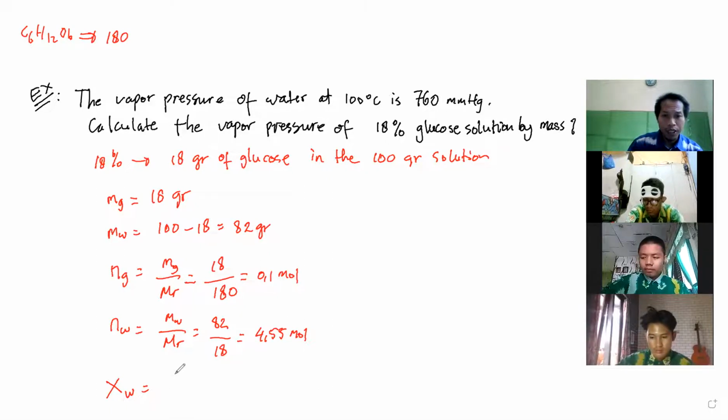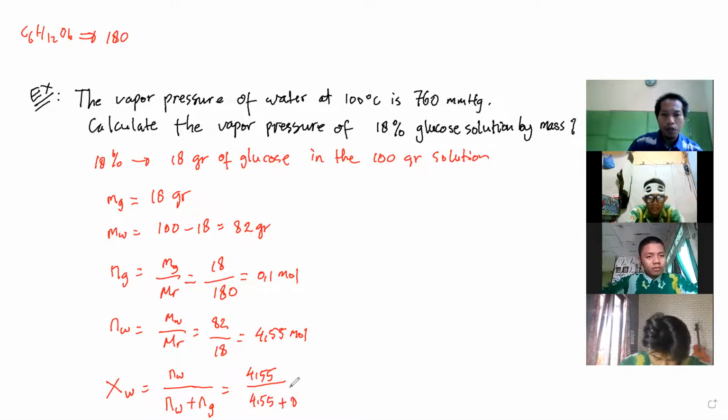Mole fraction of water is equal to mole of water divided by mole of water plus mole of glucose, which is equal to 4.55 divided by 4.55 plus 0.1. I keep this one as the mole fraction of water.